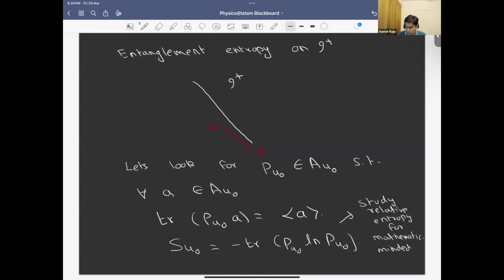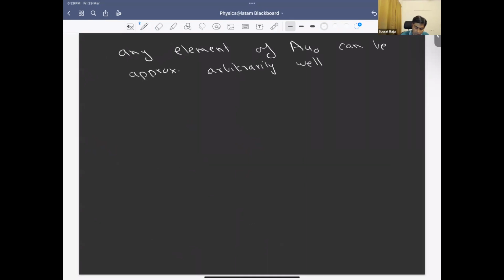Okay, now remember, what did we say? I proved a result which said any element of A u naught can be approximated arbitrarily well by an element of A epsilon.